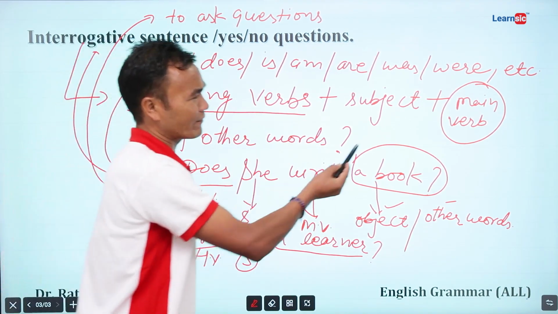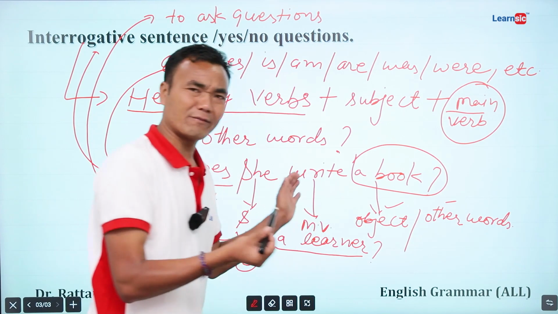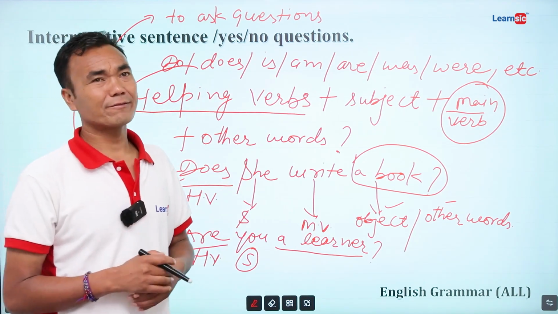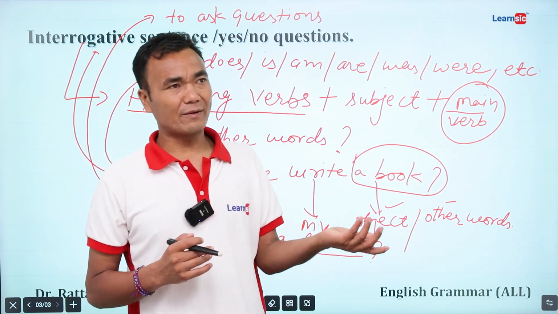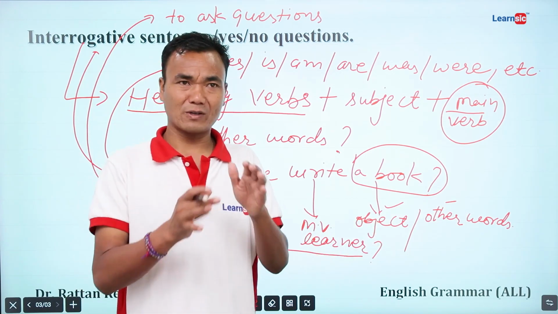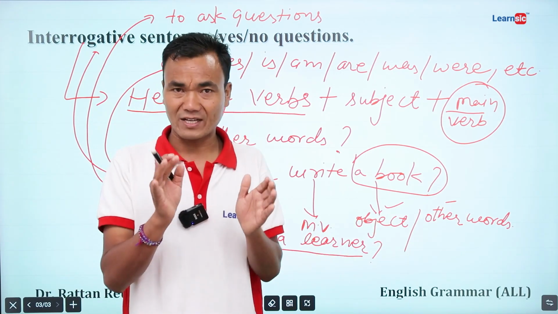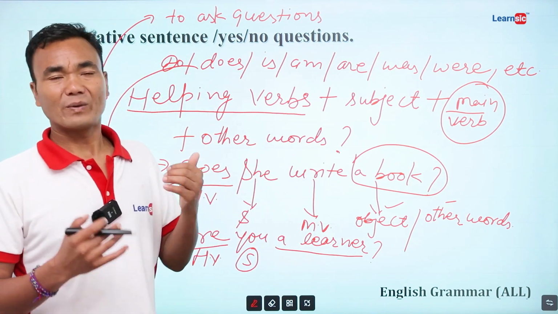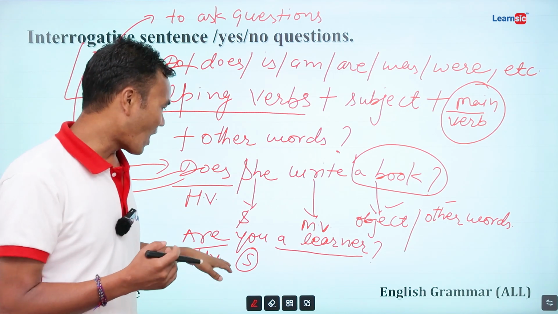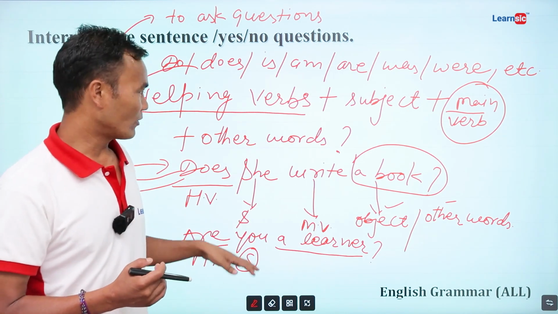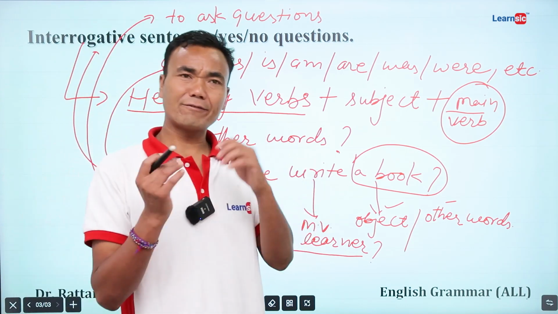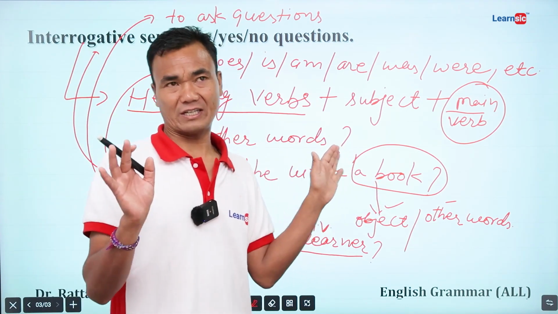There is no main verb, no problem, because we can ask the question without a main verb, since the main verb shows just the action. If there is no main verb, we can still ask the question: are you a learner? And what will be the answer? Yes, I'm a learner. If negative, no, I'm not a learner.